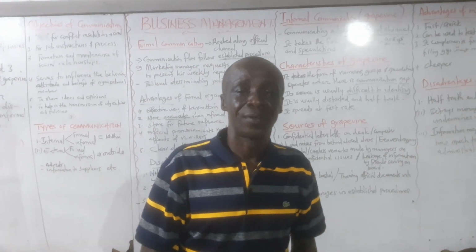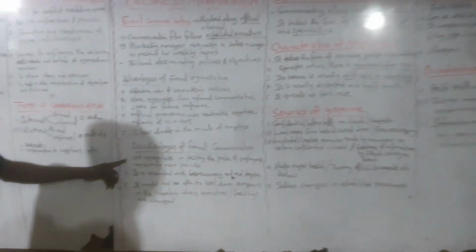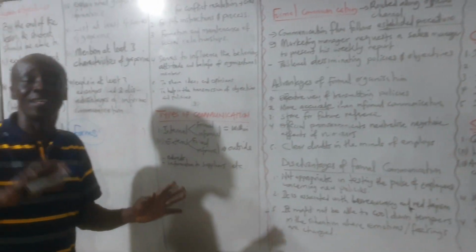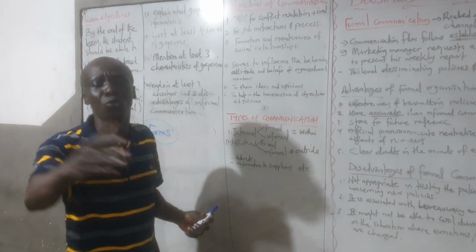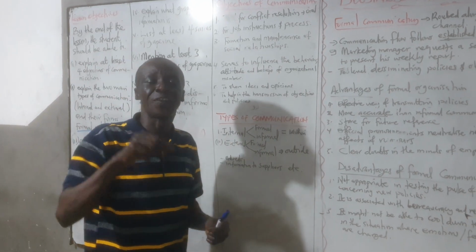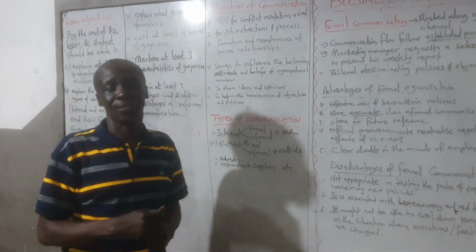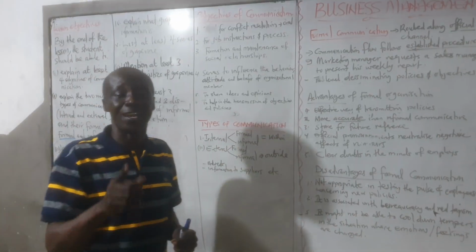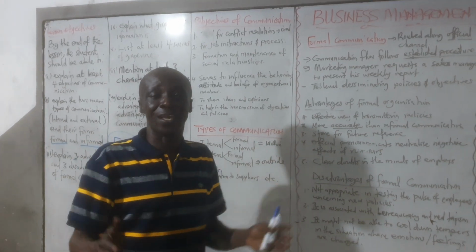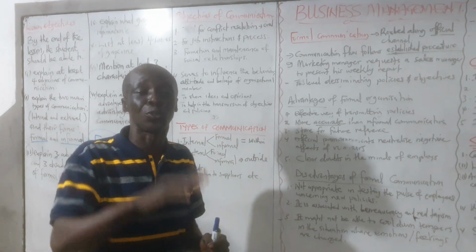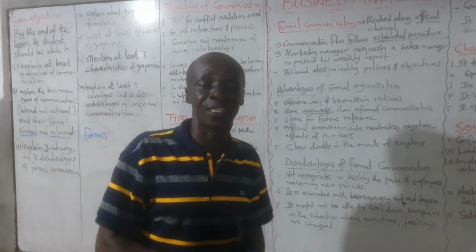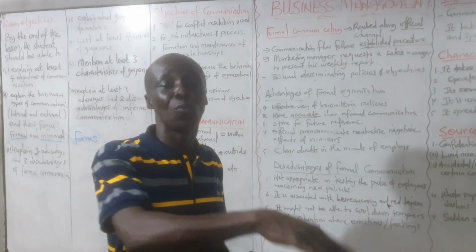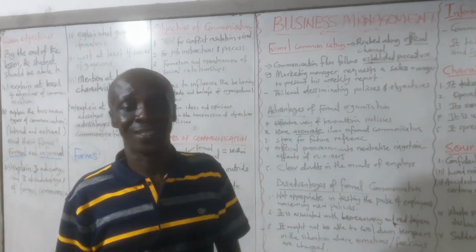Now, if there is any change in respect of policies, how do you communicate it? If it comes from the official source, in the first place, the one who's supposed to tell you comes and tells you that from this time you have changed this policy, from this time it is no more going to be this, it's going to be that.